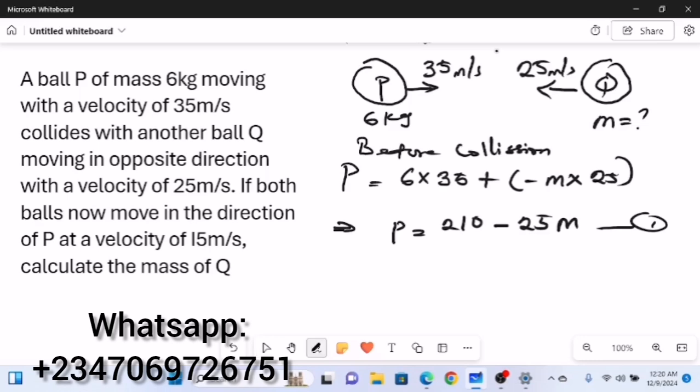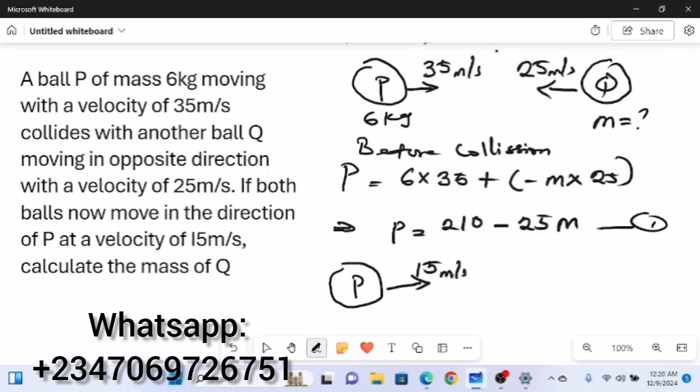So you have your two balls, ball P moving to the right. Now they are moving at a common speed of 15 meters per second. So ball P moves with a speed of 15 meters per second.